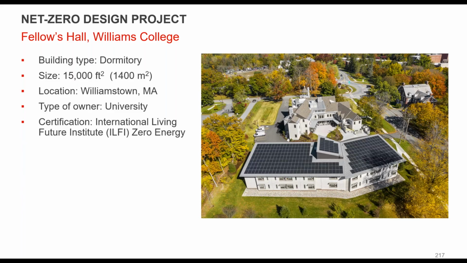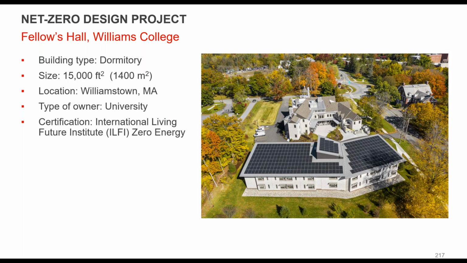So next section, we're going to talk about a net zero design project. Specifically, this is a new dormitory at Williams College. They were looking at about 15,000 square feet in Massachusetts, and they were trying to go after International Living Future Institute, or ILFI, zero energy certification for that, which is quite aggressive.